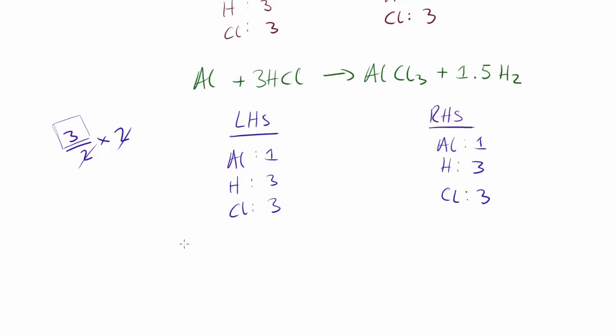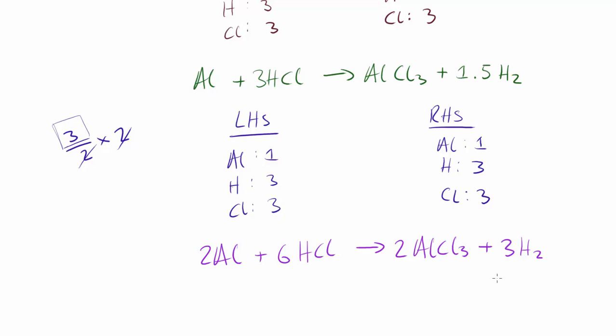So if I put that equation out there now, if we start with the Al, it's going to be simply 2Al, and the 3 HCl is instead going to be plus 6 HCl. And here we've got AlCl3, so instead it's going to be 2 AlCl3, and 1.5 H2 is instead going to be plus 3 H2.